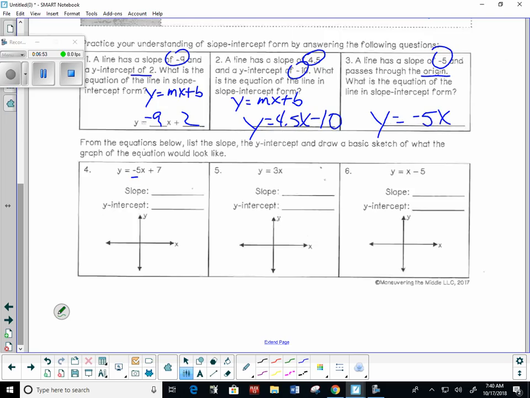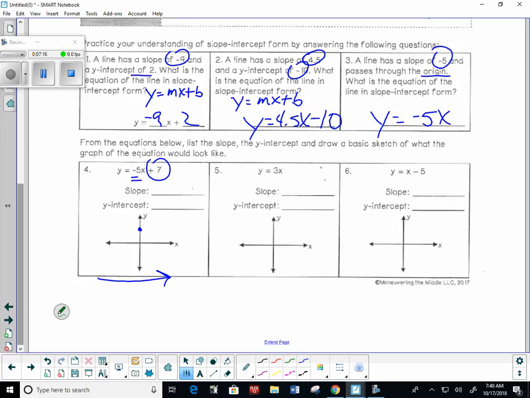This is going to be downhill, isn't it? And it's much steeper, okay? And we're going to cross through the y-intercept at +7. So let's pretend that's +7. We know this is going downhill because it's negative. Whenever I'm going left to right, we want to make sure that it goes downhill.